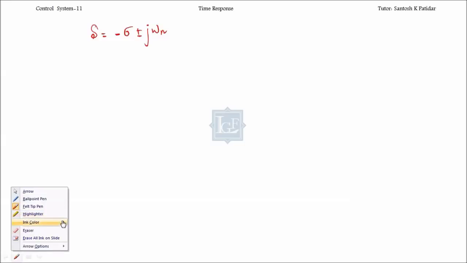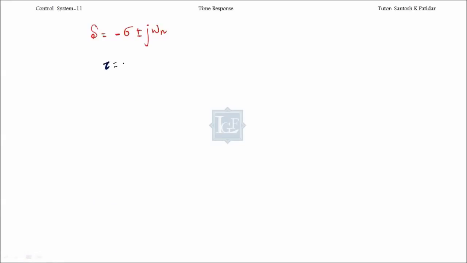If any pole is given as minus sigma plus minus j omega n, and you are looking for the time constant tau, you will write minus 1 divided by minus sigma, that is 1 by sigma, your time constant.